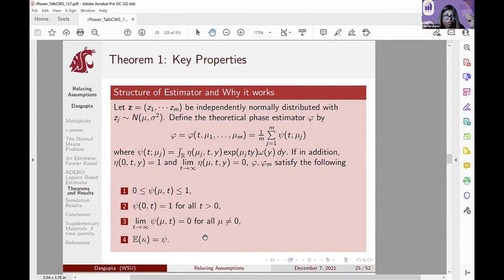It was bounded between 0 and 1. When mu was 0, it gave a contribution of 1. When it was infinity, it gave a contribution of 0. And the expected value of kappa, our oracle, our estimate for the function psi, is unbiased. That was another really good thing.